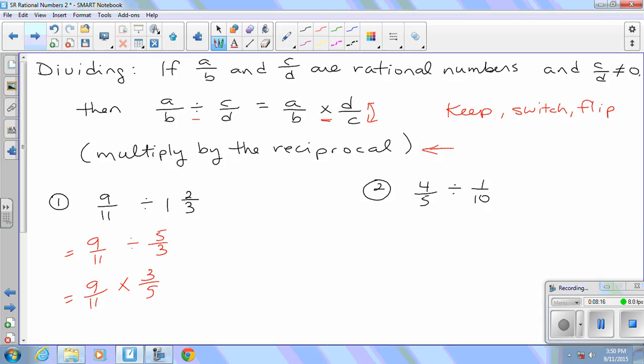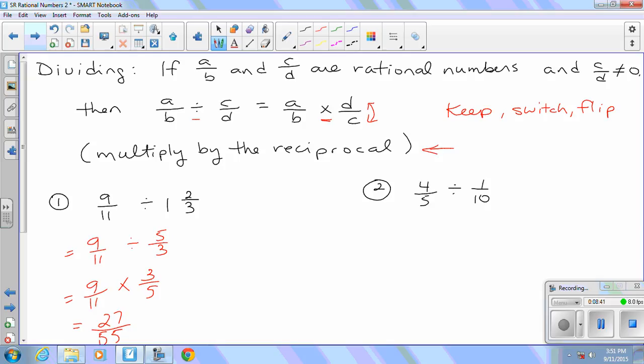So now I can check if there's anything that I can simplify. I don't see any common factors in numerators and denominators. So I need to multiply out. So I'll get 9 times 3, which is 27 over 55. And that is already in proper fraction form. So that one's already reduced to lowest terms as well.